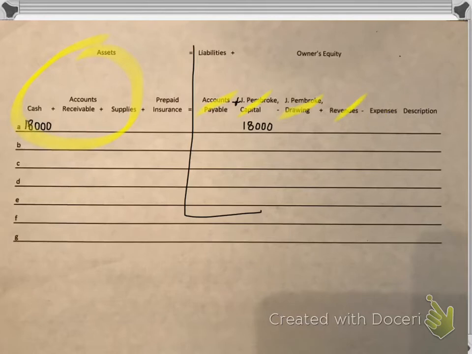Okay, so all we have on this side so far though is the 18,000. So this side of the equation totals 18,000. So 18,000 equals 18,000. The accounting equation remains in balance.